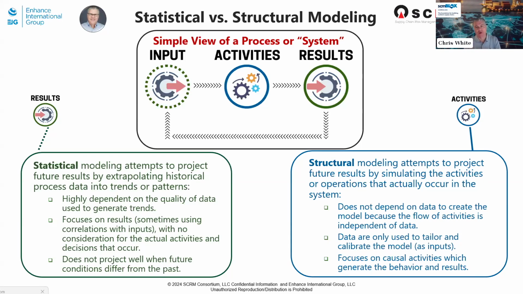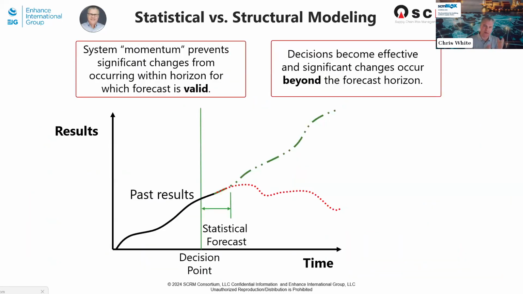When we look at how these two play out over time, as you forecast, moving left to right, this is time and some fictitious results. I've got past results, and here I am making a decision. You see the decision point. And I'm making a statistical forecast.